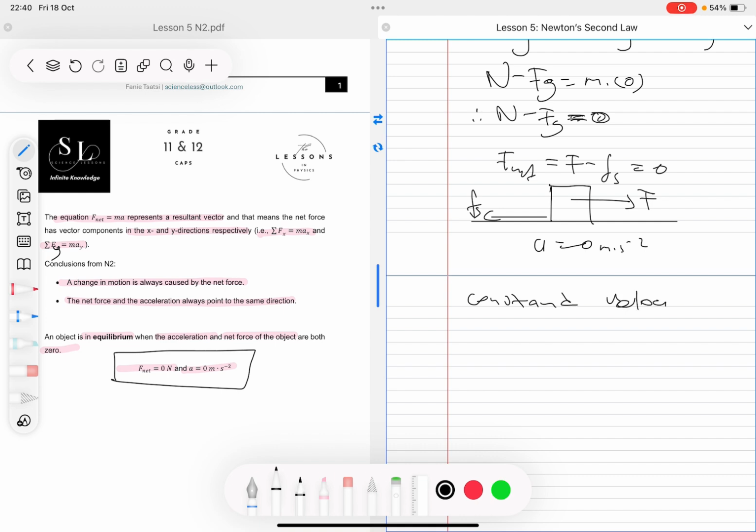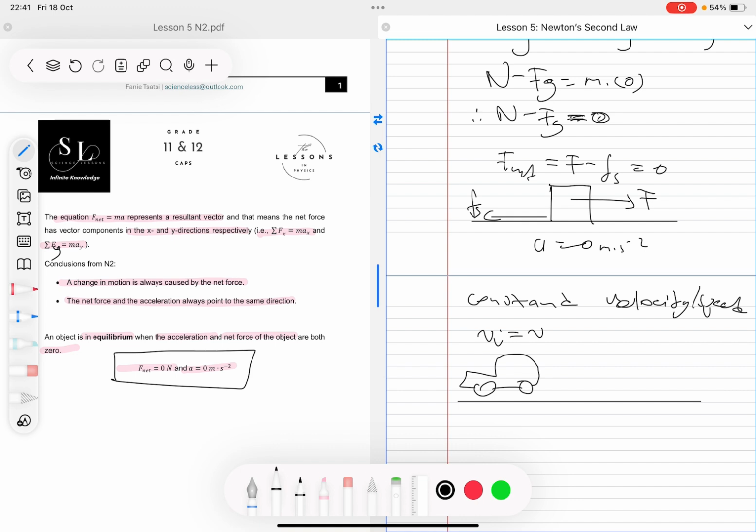But also it's possible, let's say you have an object that moves at a constant velocity or speed. So let's say we have a car here, and this car moves at a constant velocity. This means that the initial velocity, let's say we give it a value v, could represent any number.